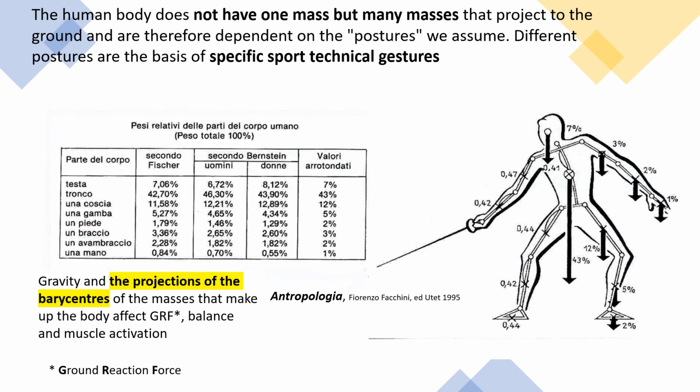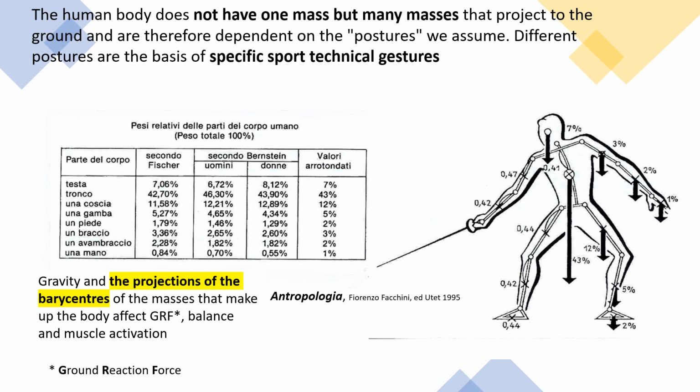So you can consider how silly it is to make a squat jump, for instance, in a person who practices a sport like fencing, in which the masses are distributed in this way and not in the way in which we distribute our mass during a squat jump. Of course, it's quite clear that we activate different muscles.